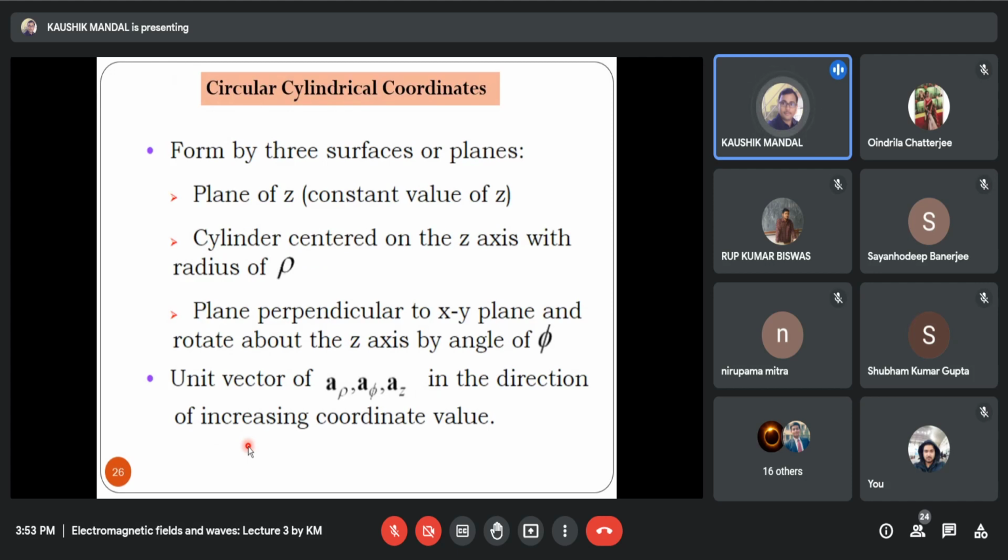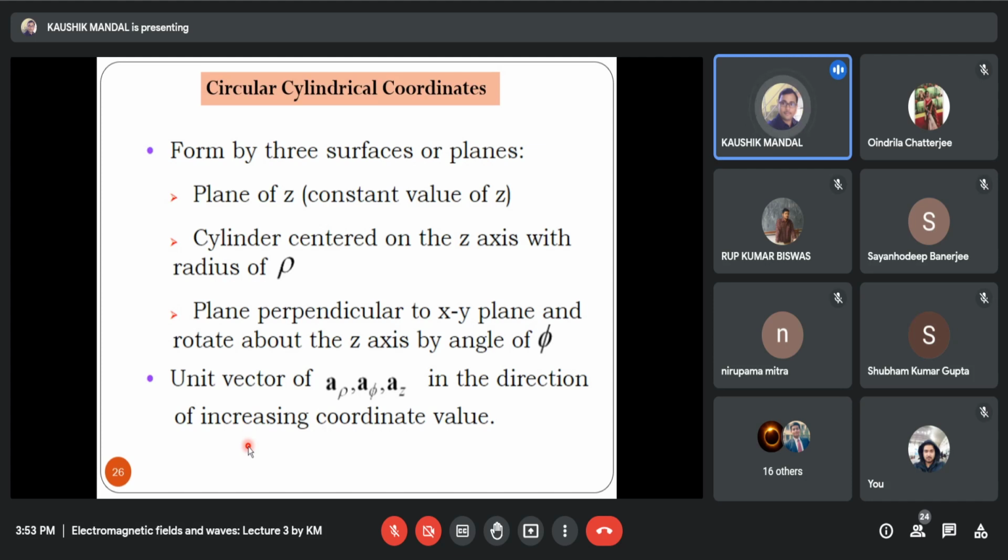So with this basic idea about the Cartesian coordinate system, now we are moving to the circular cylindrical coordinate system. It is basically formed by three surfaces, or three planes.